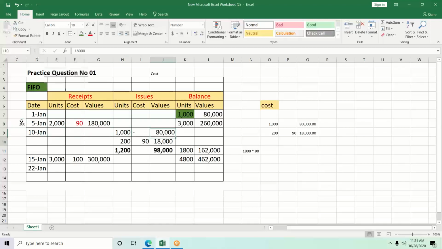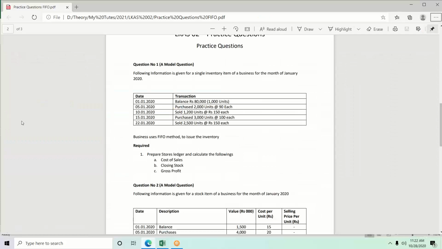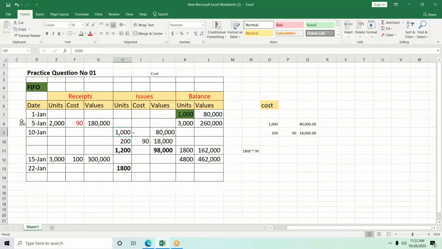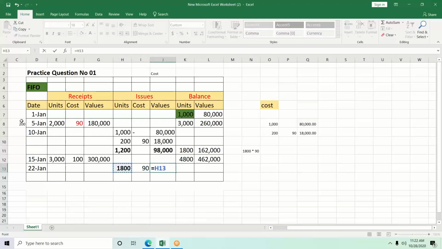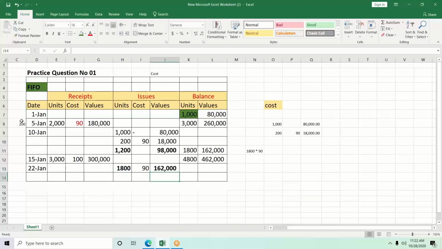How many units are remaining? 1,800 units are remaining. So of the 2,500 you are issuing, 1,800 can be issued at 90. The value of that is 1,800 into 90, which is 162,000.